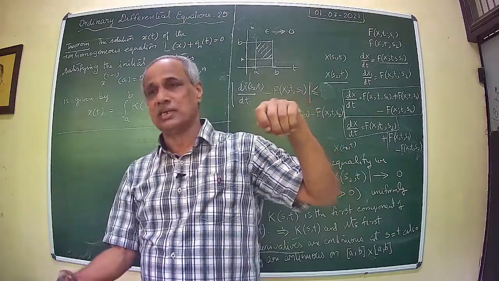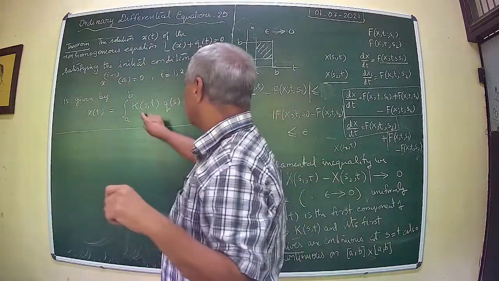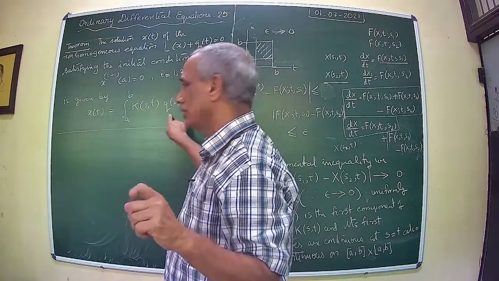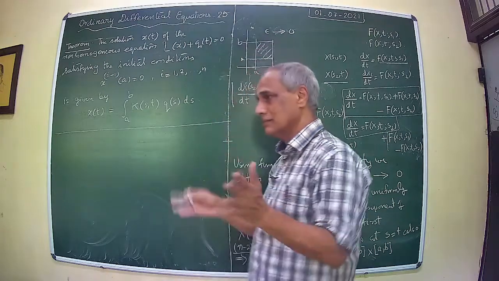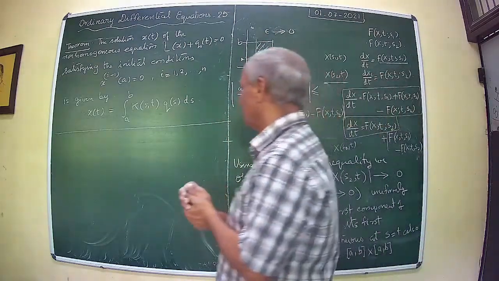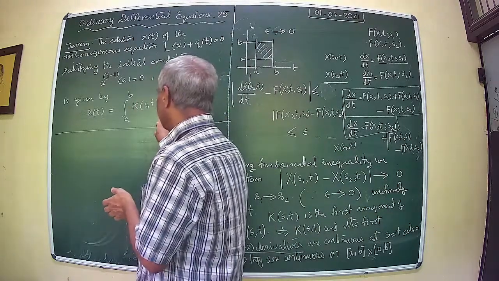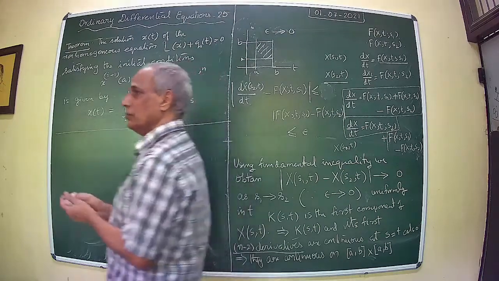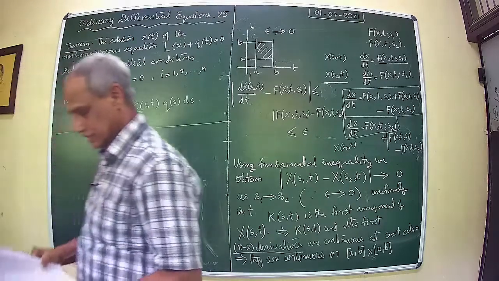Once q is given, you can run the machine in the backward direction, and this is how you run the machine in the backward direction, and k is the kernel of this, the main working unit of this machine. Okay, so you put your q inside this, integrate it, you will get a function of t. That function of t will be the solution of the main problem. This is the Green's function method.